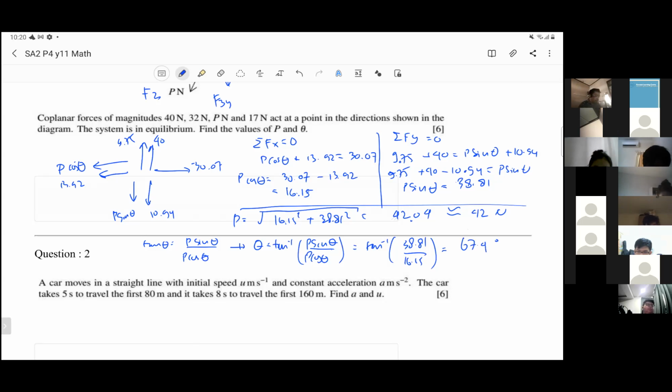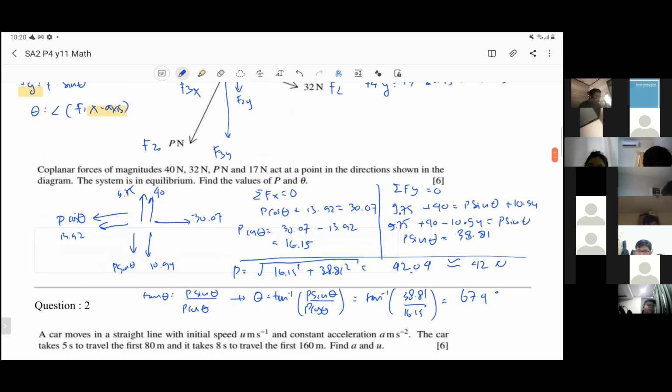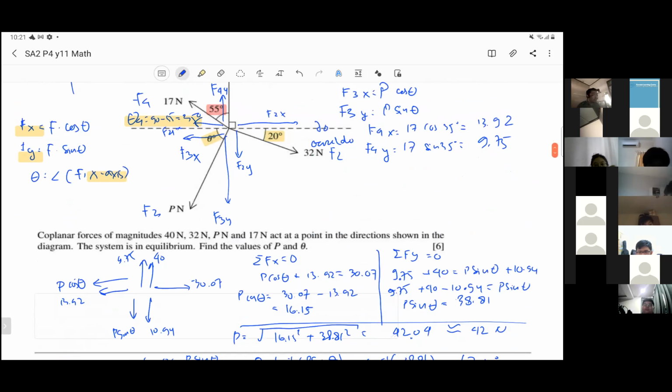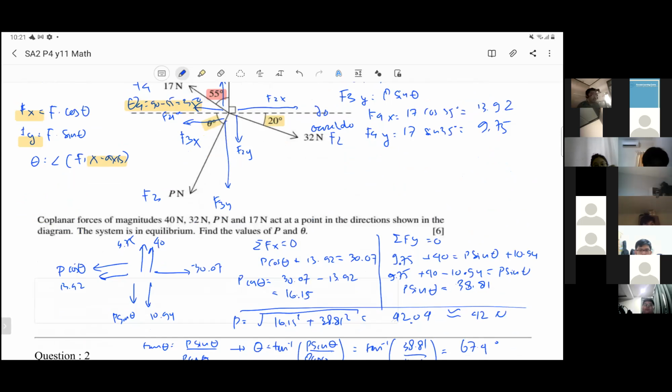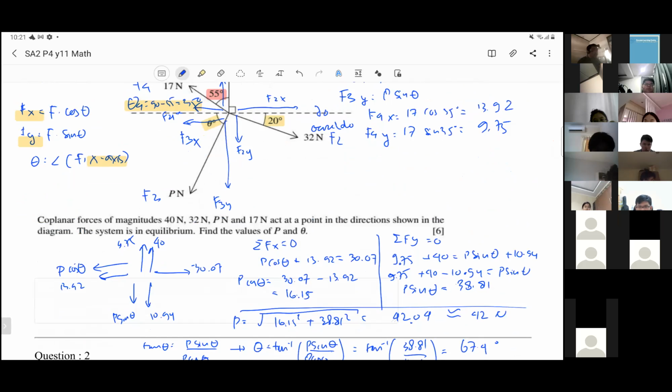Okay, that's it. For 6 marks, I think this is a rather short question. Any question for this? Anyone would like to have an explanation on how to do it? Can I know which one of you is confident that you did this correctly? Please raise your hand if you think you're correct.